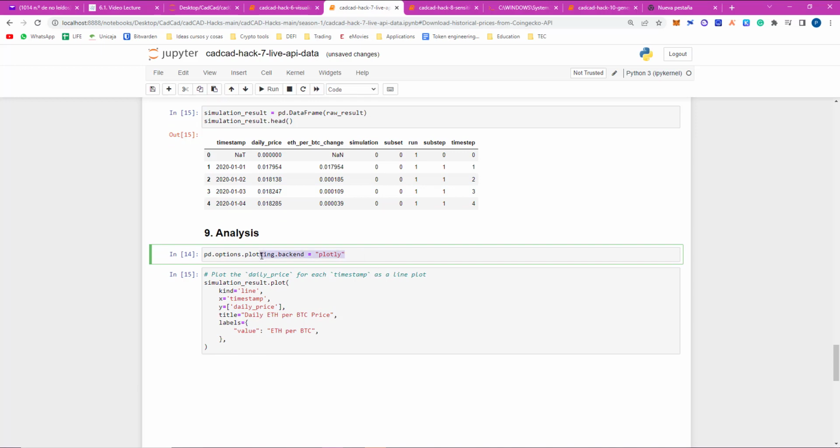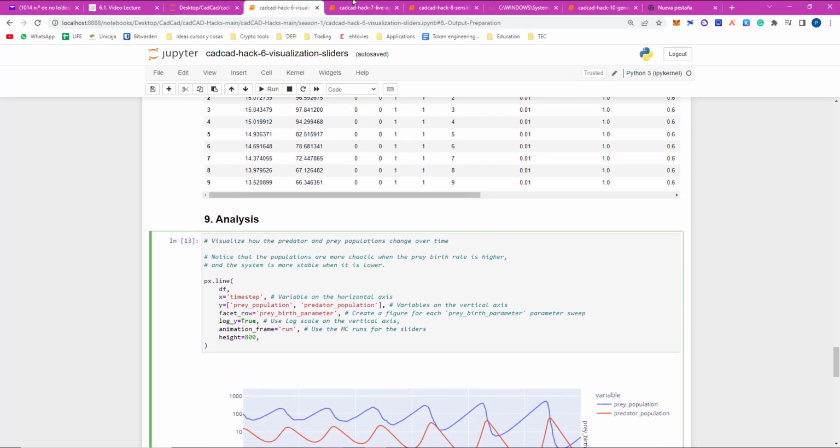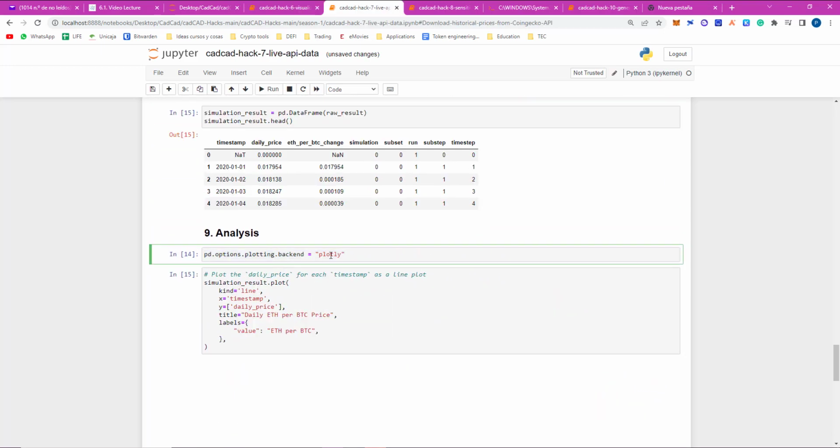So is this line normally there? I didn't get this line. It just sets up the pandas library. It says that when you call the dot plot, it's going to use plotly syntax. You can use different backends for that, but in this case they use plotly.